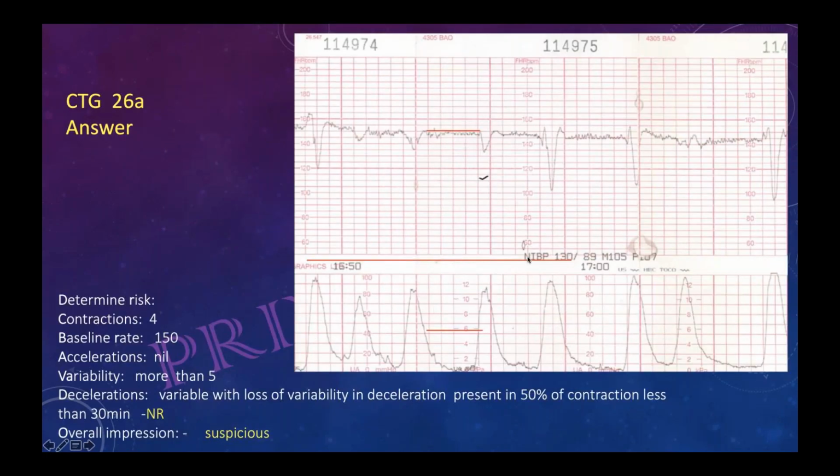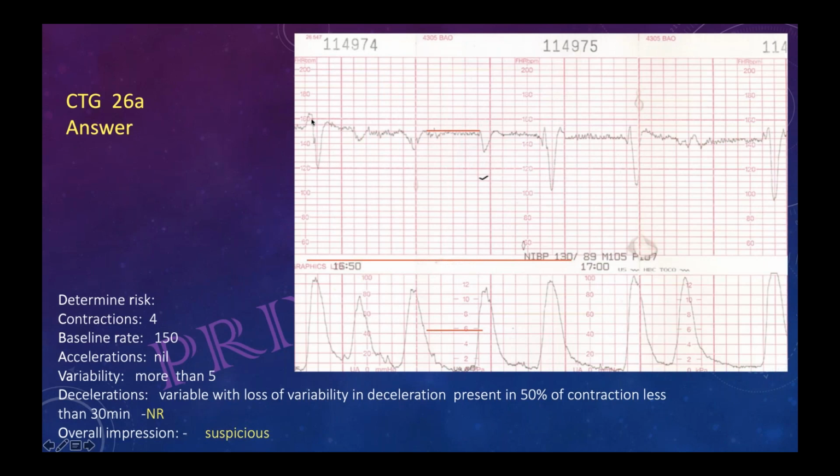Fine. So contractions, if you take, it will be 3 to 4, and baseline is somewhere here, nearing 150. There is no acceleration. There are variable decelerations with characteristics.